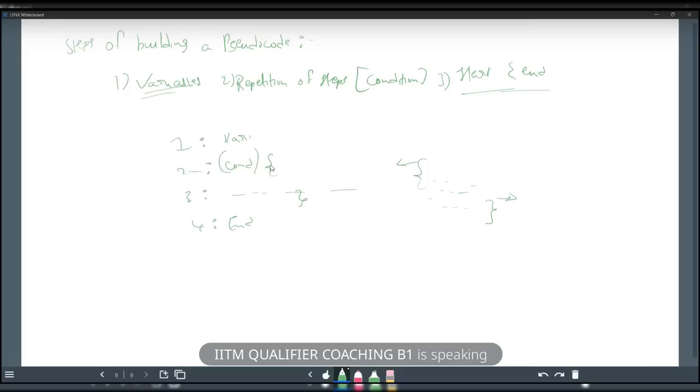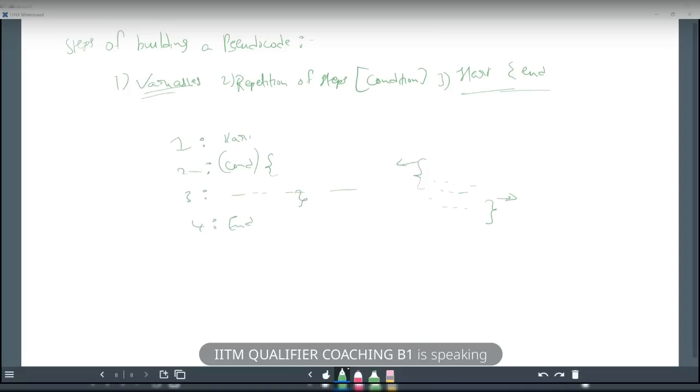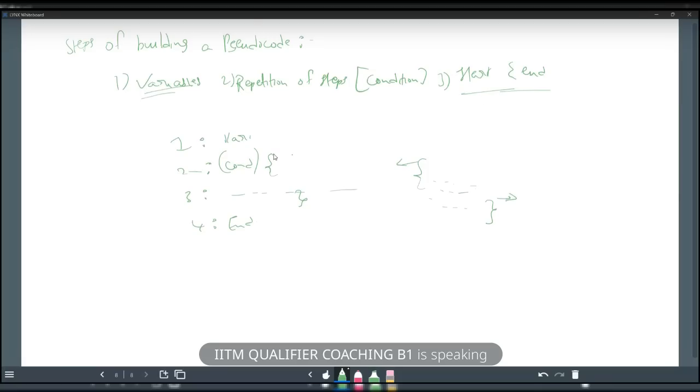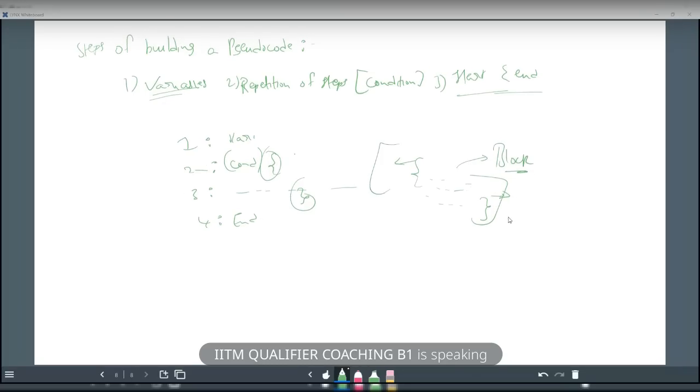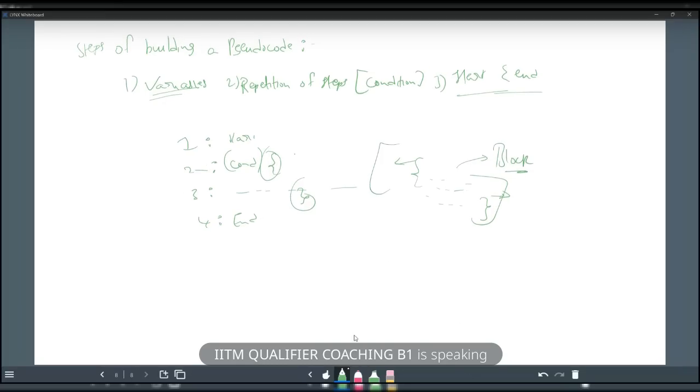We need to indicate the start and end points of a particular condition, or we need to mark the start and end of a repeated block. This is called a block. Okay, so we need to show the start and end of a block. These are the steps of building a pseudocode.